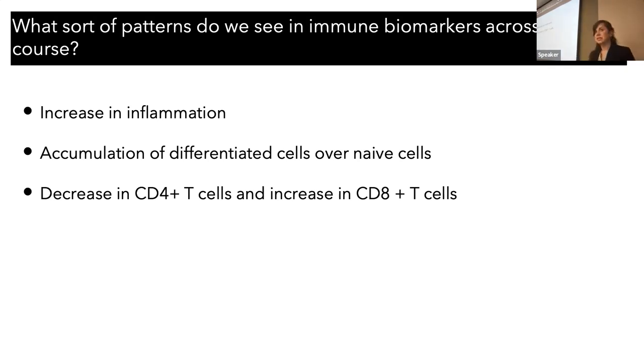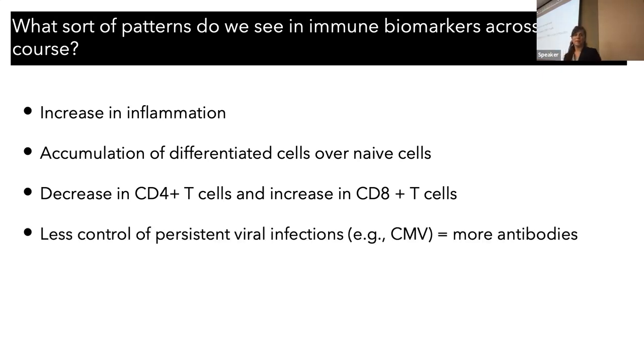We see a decrease in CD4 cells and an increase in CD8 cells, although there's a lot of debate about what's happening with CD8. So maybe take that with a grain of salt. And we see less control of persistent viral infections like CMV. So what that looks like is actually more antibodies to CMV or other persistent viral infections in the blood.